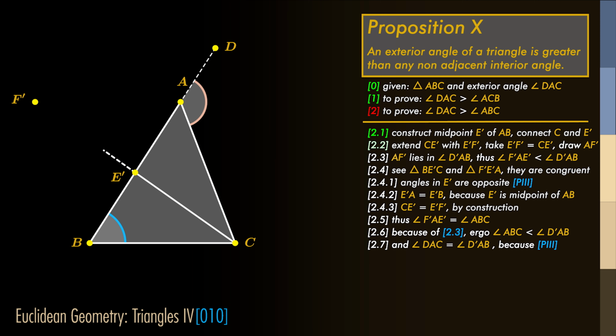Then we extend CE prime with E prime F prime, which is equal in length to CE prime. Finally, we draw F prime A. F prime A lies inside of the angle D prime AB, so F prime A E prime is smaller than the angle D prime AB.